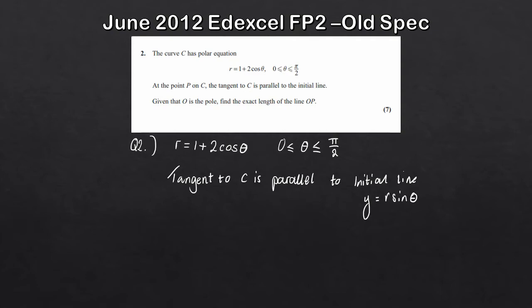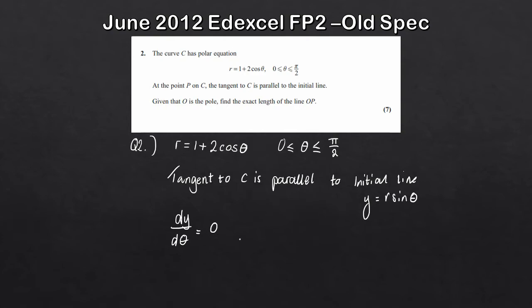Okay, if it was perpendicular, we'd be using x equals r cos theta, which you will see in the next question. So parallel, so we use this equation, and what we also know is that dy by d theta is equal to 0. Okay, so using this and using our r, what we can do is obtain the differential here, set it equal to 0, solve, and then we've basically got the answer.